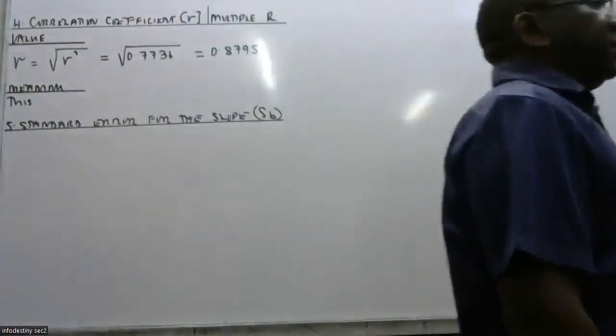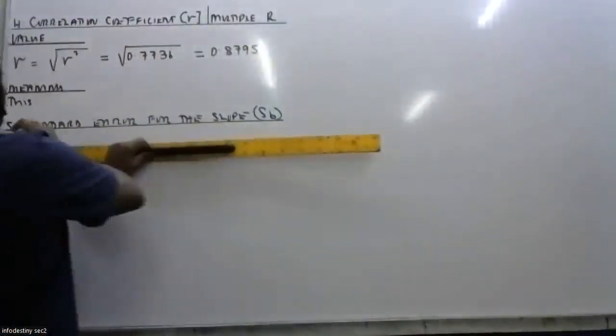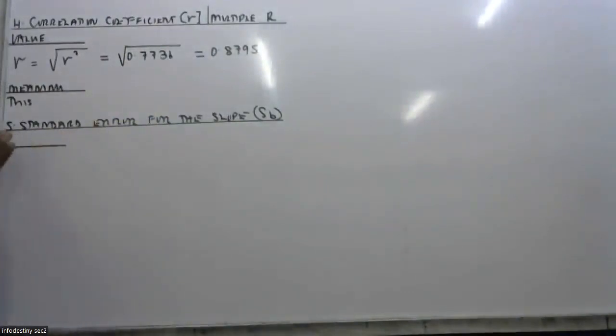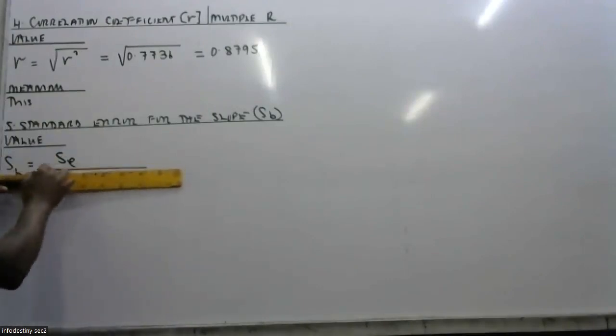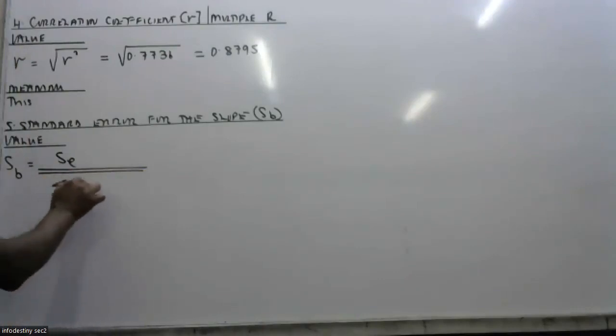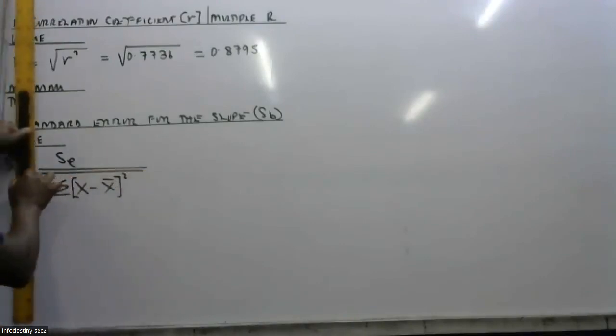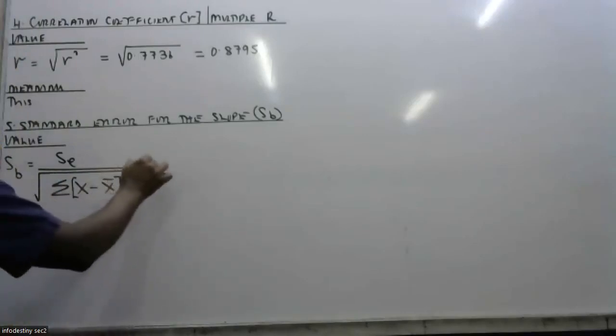We just get the value. The value here, SB, is normally given as SE divided by the square root of the sum of x minus x bar, squared. You get that square root.